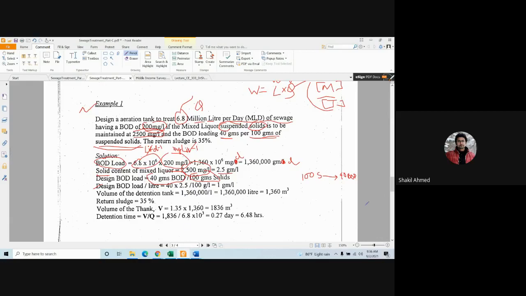Then your question is, what is the rest of this 60 gram solid? That may be sand particle. That is not BOD. Is sand particle BOD, guys?